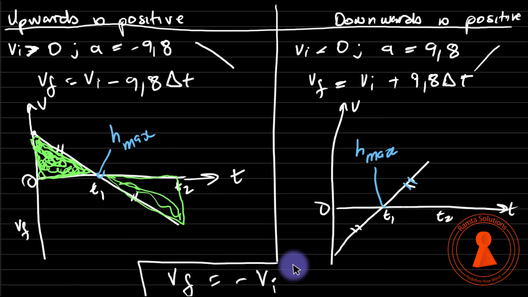That means final velocity is equal to initial velocity but in the opposite direction. So the speeds are the same, but the velocities are in opposite directions.